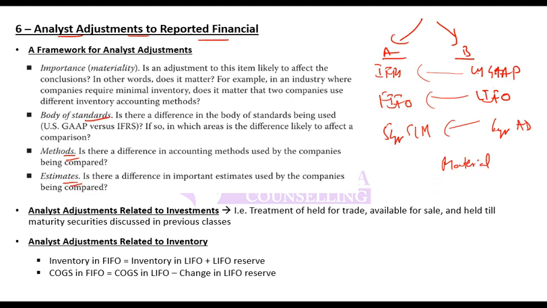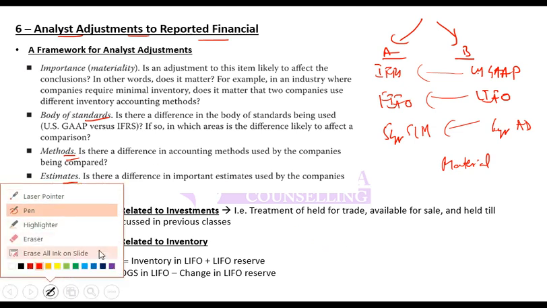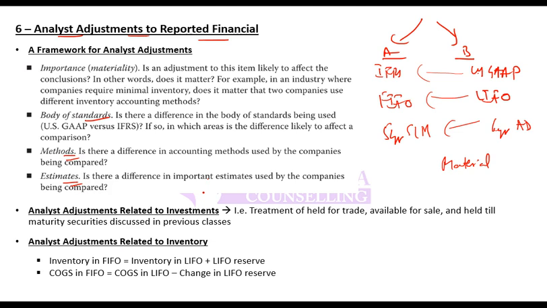If you think that even after changing it, it wouldn't impact the financial statement analysis by much, or it wouldn't impact the value by a material amount, then do not spend time on that. Only spend time on those changes or conversions where you know that the impact will be material enough. Otherwise, maybe you invest so much effort, but there is no impact on value. So materiality is also very important.